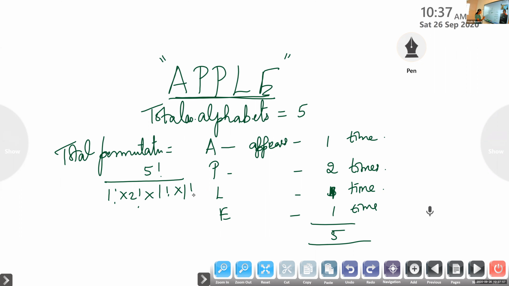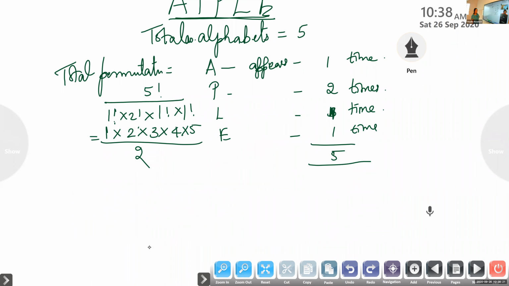What is 5 factorial, Achut? 1 into 2 into 3 into 4 into 5, it is 120. 1 factorial is 1, isn't it? So you can leave 1 factorial. And what is 2 factorial?